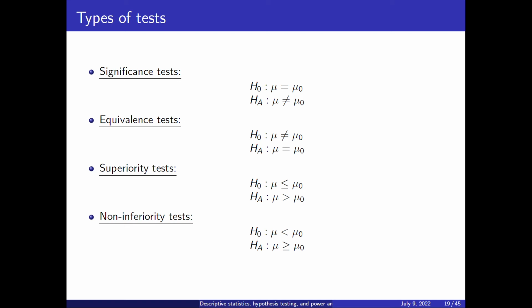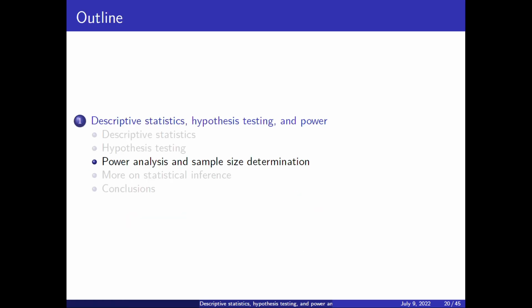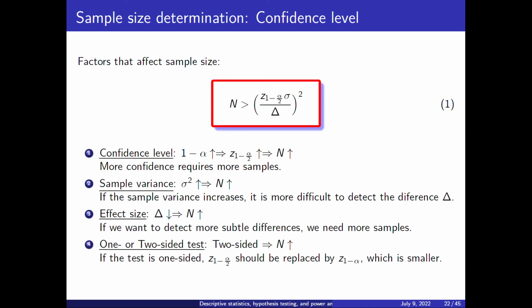What I'm interested in is that it gets you better. And if it gets you better, I need to show only one side, and then I need a little bit fewer animals than if I don't know in which direction my treatment will affect. I don't know, maybe the gene expression of this gene, I don't know if it will increase or decrease. Then I have to look into both sides, and I will need more animals for that.